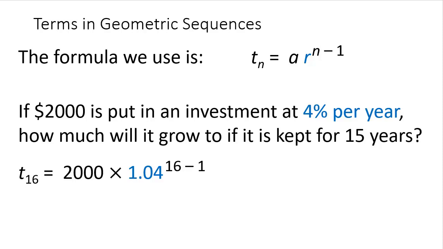And then the tricky bit is n is 16, and the reason for that is the difference between how we count in the real world and how we count in sequences. In the real world, this would be at 0 years, but sequences always count from the first one. So 0 years is n equals 1.